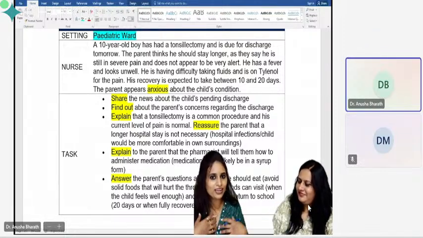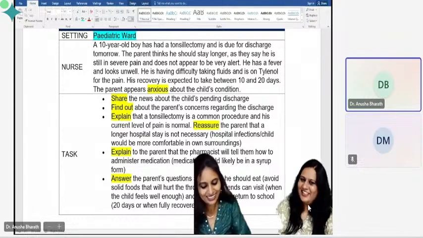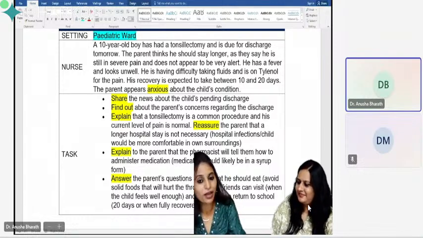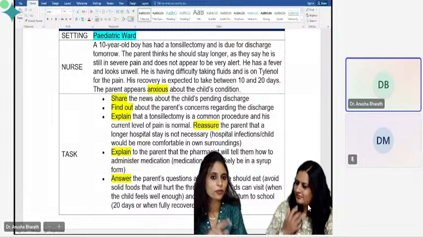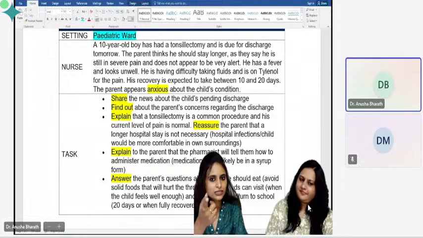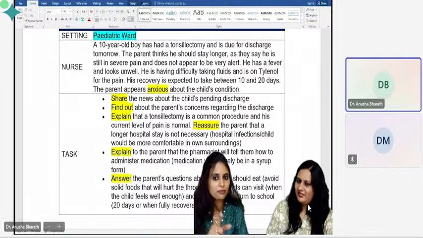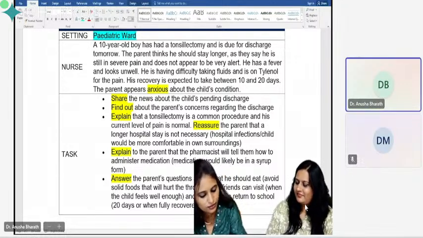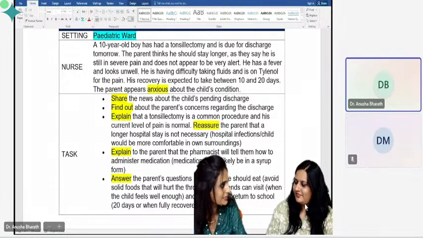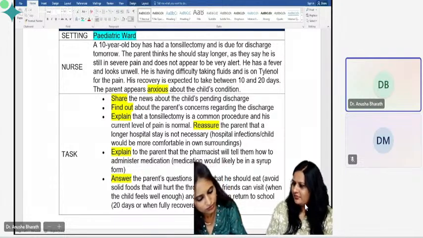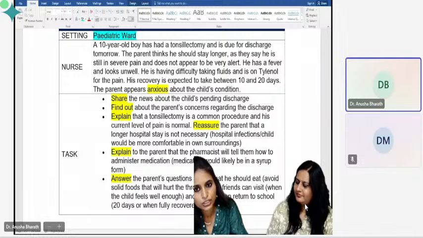And as you all know, I'll have to start the conversation. Yes. So during the preparation time, I'll be asking the name of the patient and the patient's caregiver. Here, the parent. The parent can be the mother or the father. Okay. So, may I know the name of the child? Child's name will be John. Okay. Age? 10 years. All right.